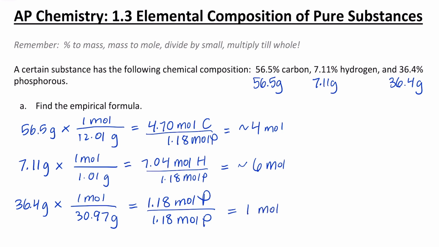So since these are whole numbers already, we do not have to multiply to whole. So now we would get carbon, C4, and then 6 moles of hydrogen, so H6, and then 1 mole of phosphorus, so P1, but you don't have to write the 1. So our empirical formula is C4H6P.